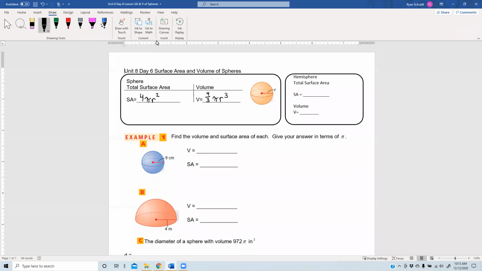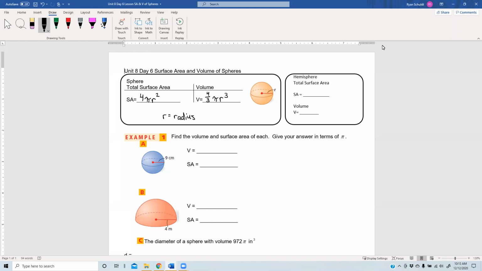So total surface area is 4 pi r squared. Volume is 4/3 pi r cubed. So notice the only thing you really need is the radius. Even though y'all probably know this already, I'm just going to make note, r is your radius. That's the only thing you need for spheres.